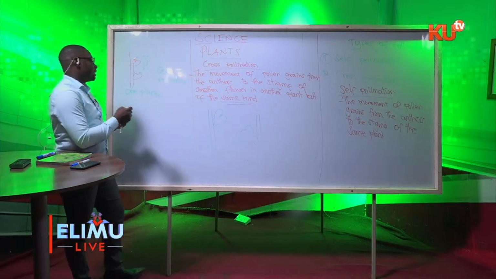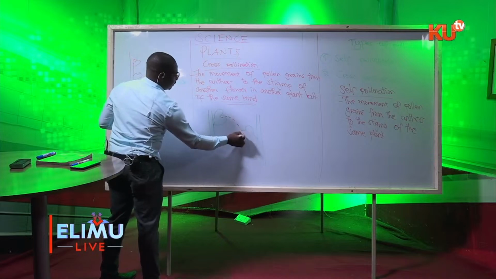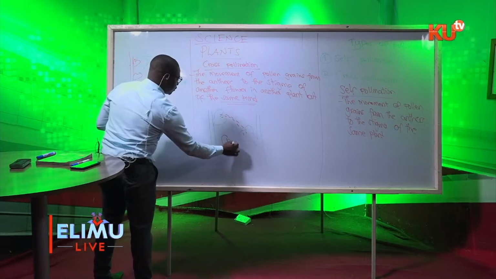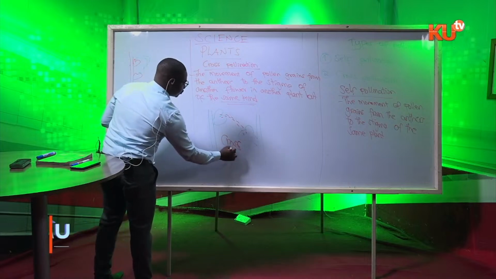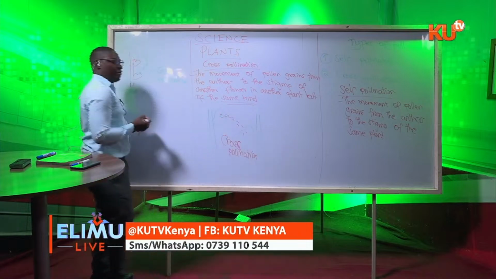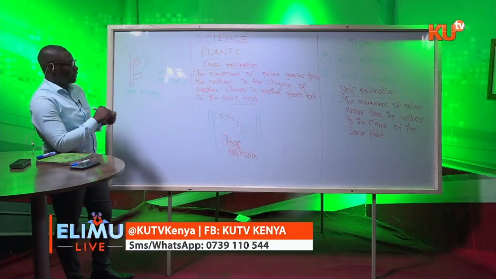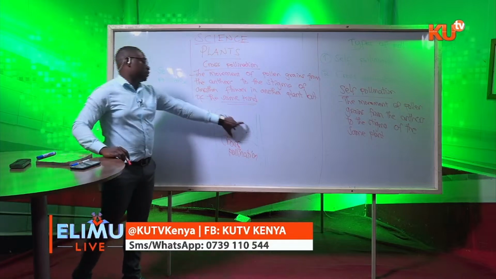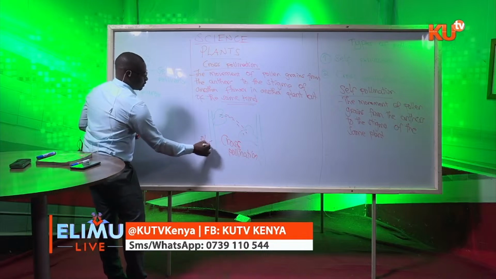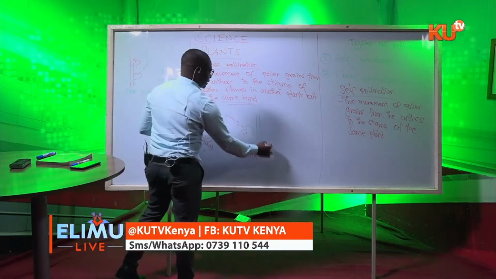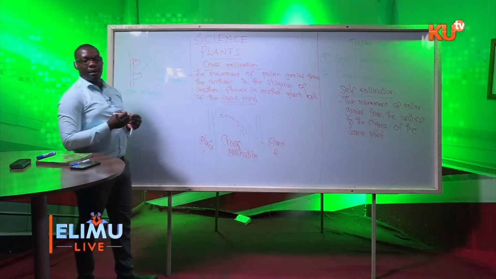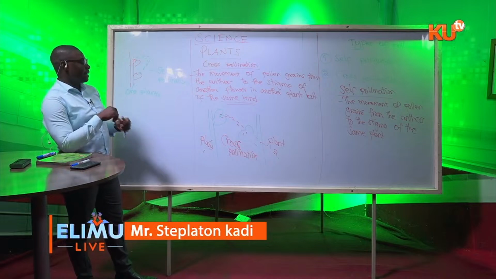So when pollen grains move from this flower to that flower, this is now referred to as cross-pollination. We have movement of the pollen grains from one flower to the other flower. The plants here are two. This is plant one, and this is plant two.